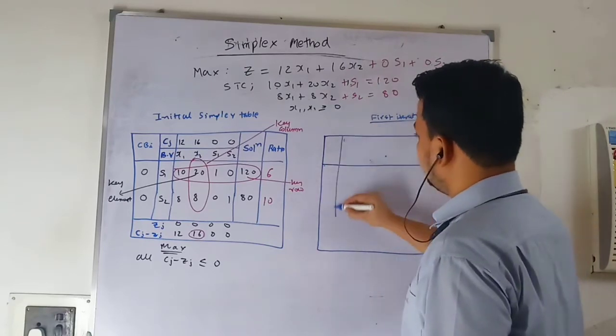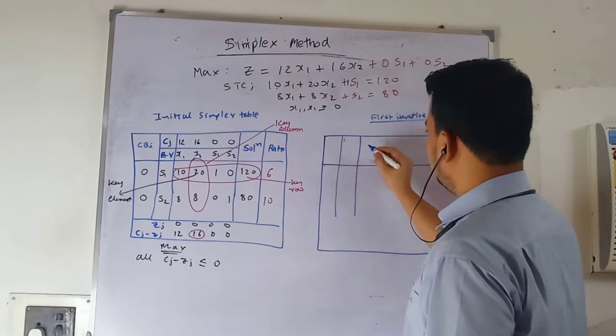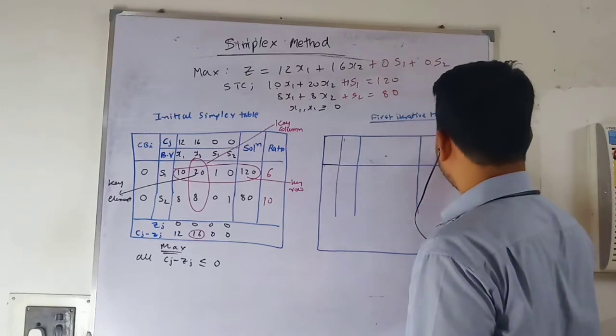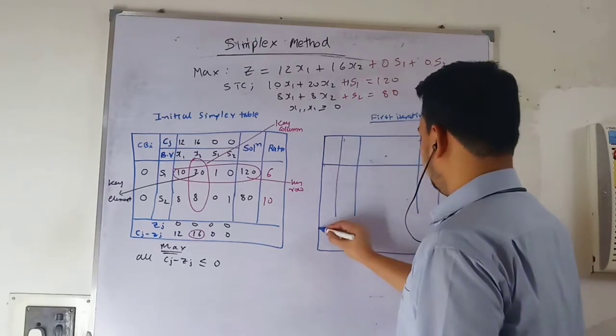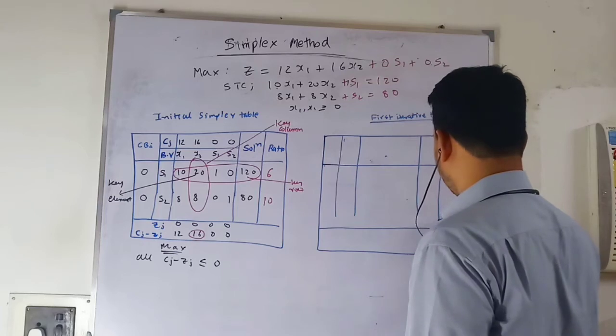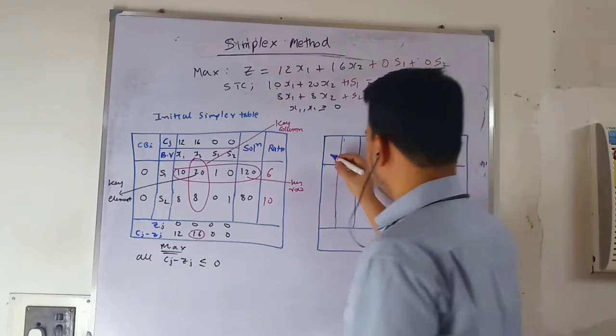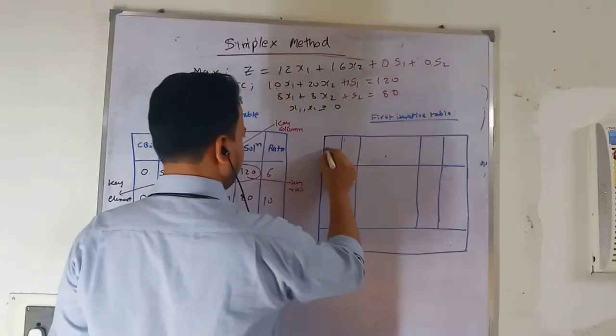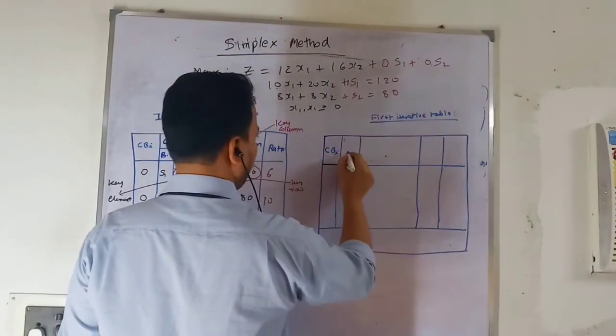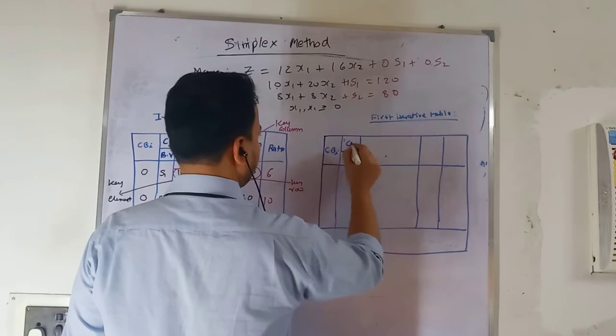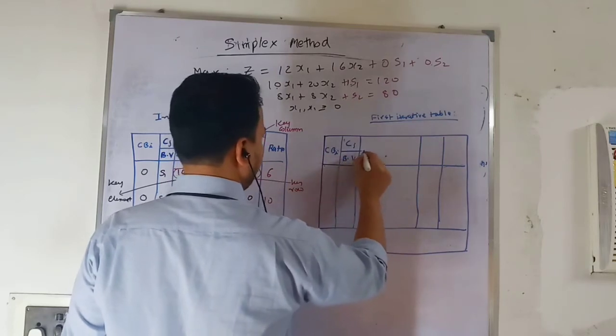Here you will have CBi. Just write the same thing: CBi, coefficient of basic variable, coefficient of objective function, basic variable.